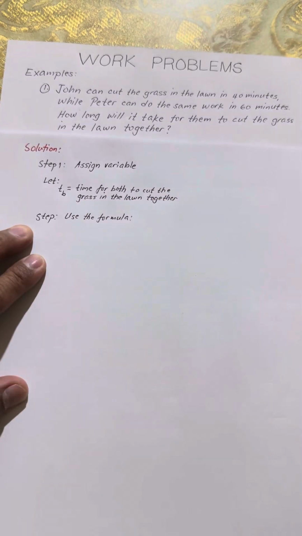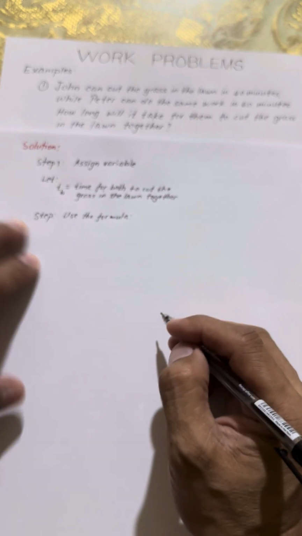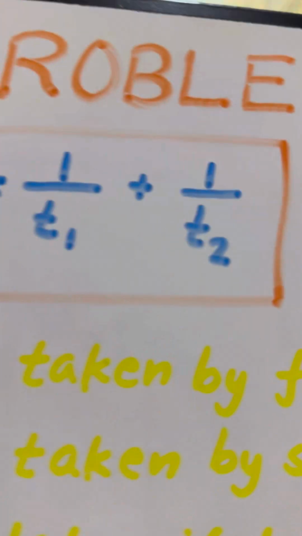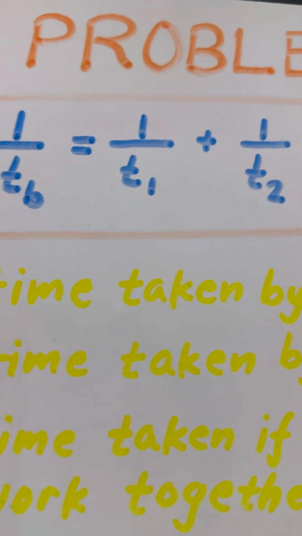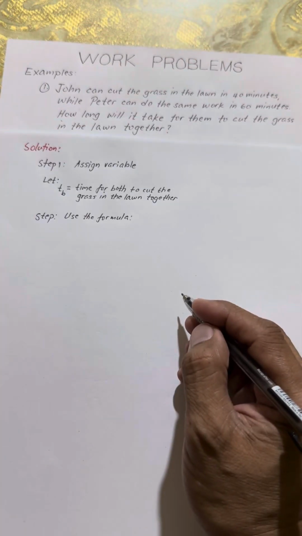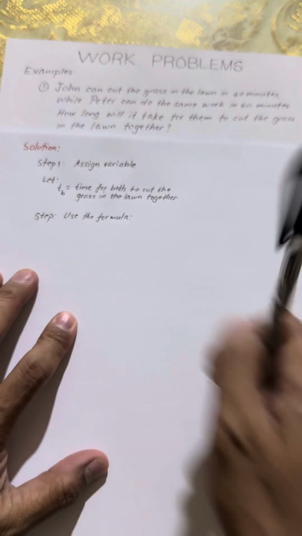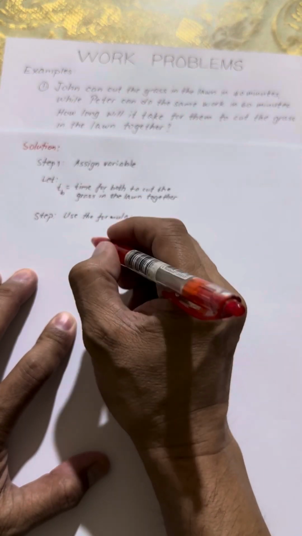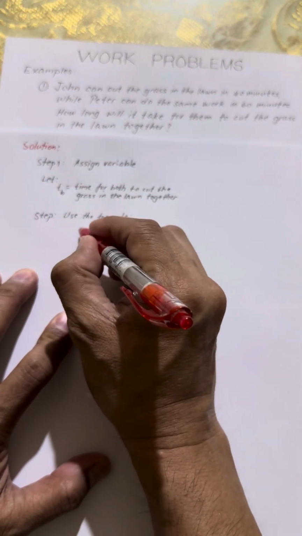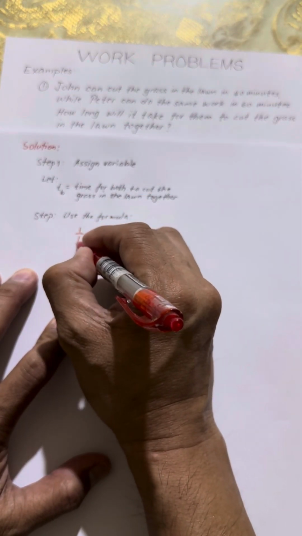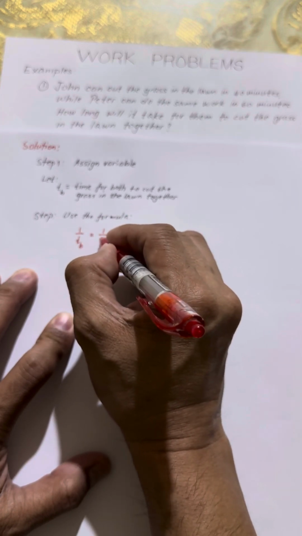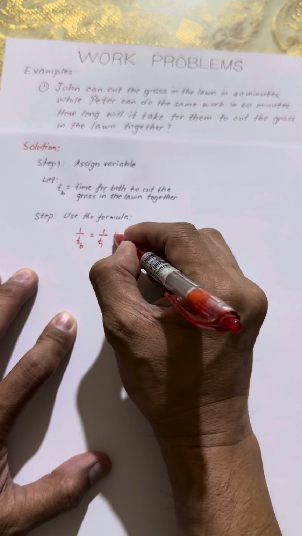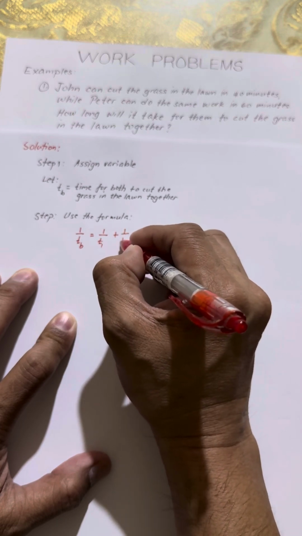So the formula that we are going to use is the one that we have seen a while ago. That's our formula, but this time we need to substitute the given. Just to remind you, our formula is 1 over t sub b equal to 1 over t sub 1 plus 1 over t sub 2.